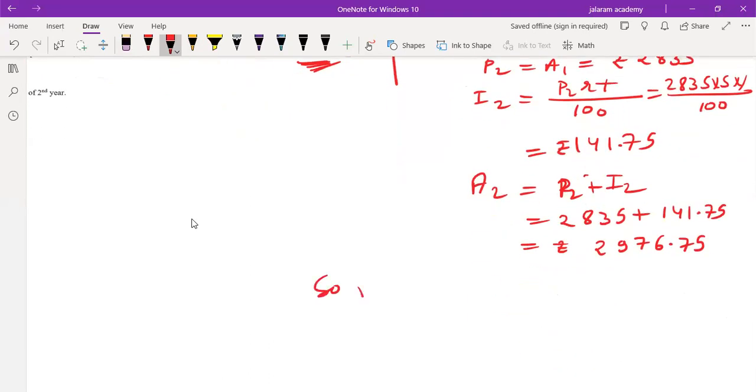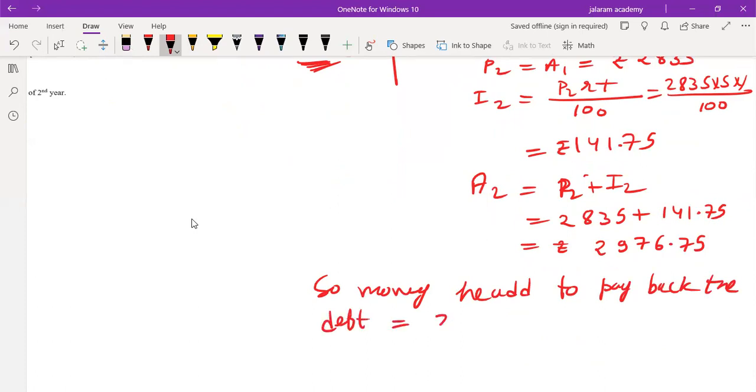So the money we add to pay back the debt: 3,000 he has to pay. And from the bank he received rupees 2,976.75. So on subtracting, it is rupees 23.25.